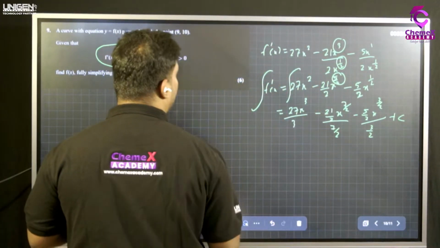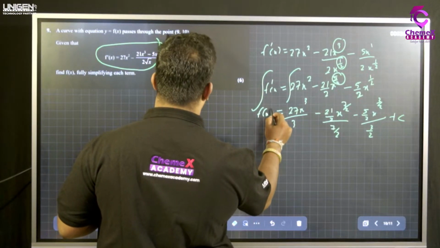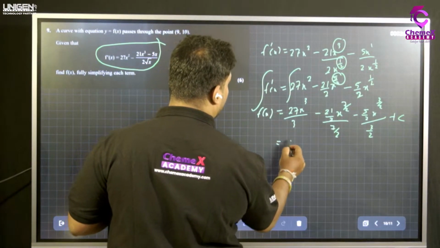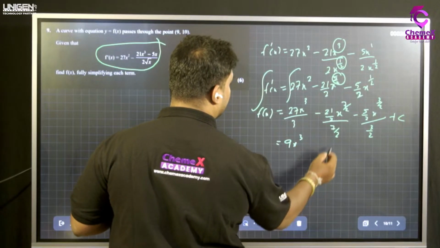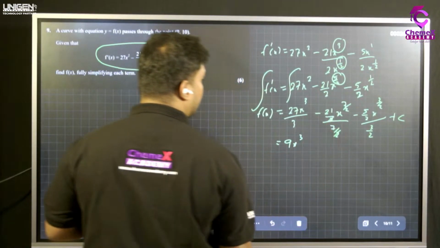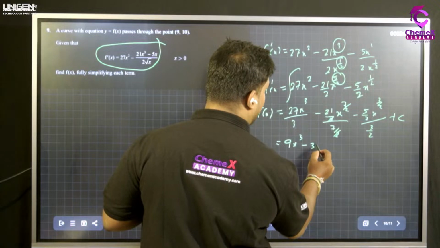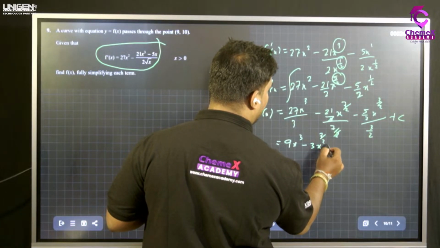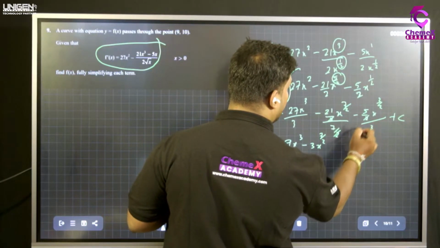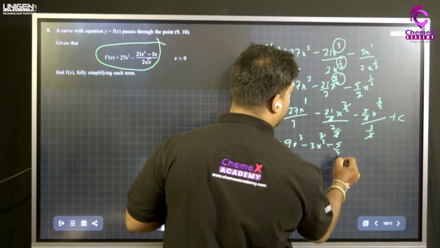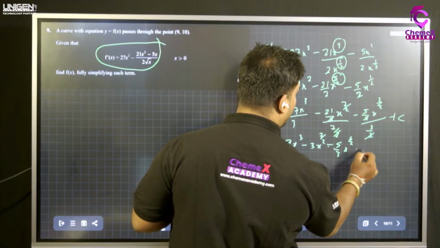So that's going to be f(x). So 9x cubed minus 3x to the 7 over 2 minus 5 over 3 x to the 3 over 2 plus c.